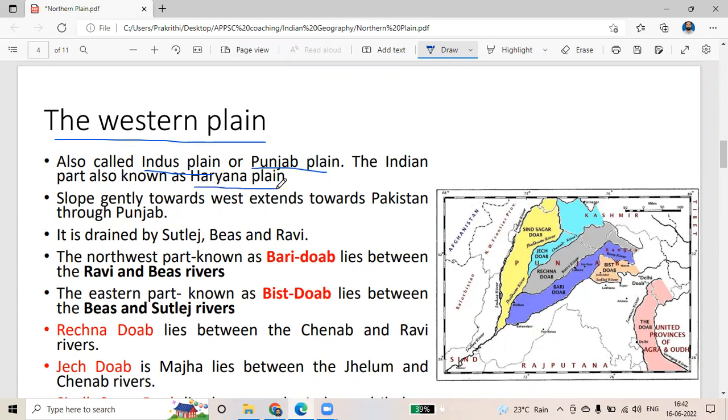When we study the regional divisions of the North Indian plain, we usually say Punjab plain, Haryana plain, UP plain, Bihar plain, West Bengal plain, Assam plain. So the first two, Punjab and Haryana plain, come under the Western plain. They belong to the Western side.